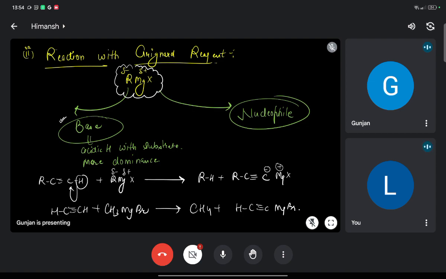But bromine can accept an electron, it can form MgBr minus also. See, the bond is between CH3 and Mg, not with Br. MgBr is along with each other, but the bond is between CH3 and Mg. That is why we say that CH3 is partial negative and Mg is partial positive.